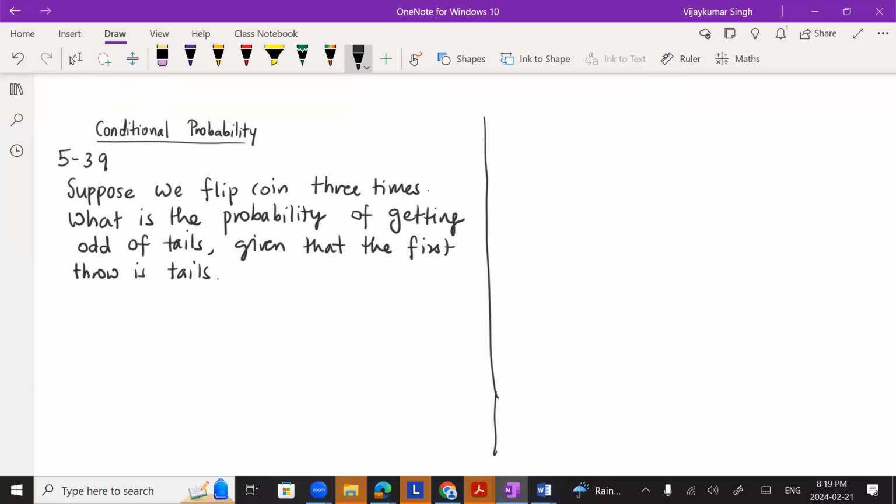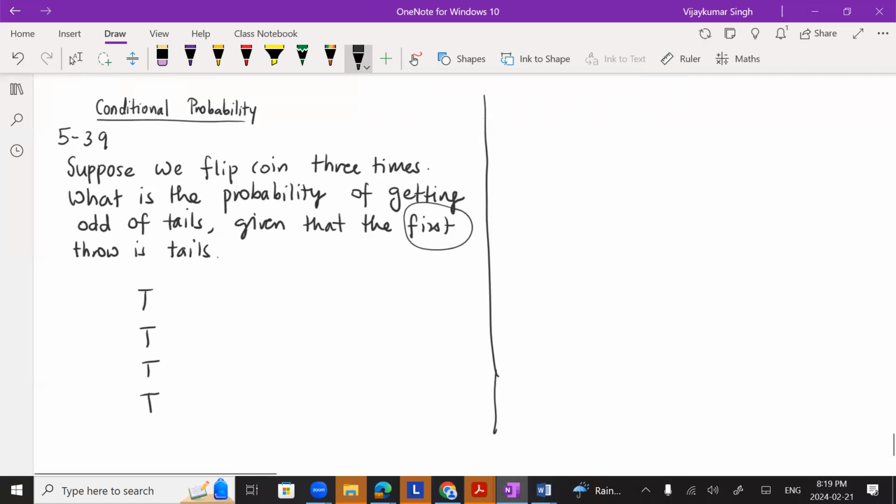That the first one is tail. So let's see what the chances are. The first one is always tail. That is given to you. The reason I'm writing four of them is that the first one is tail, and I have two possibilities for the second one and two possibilities for the third one.